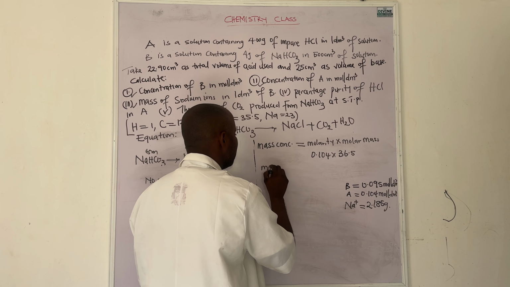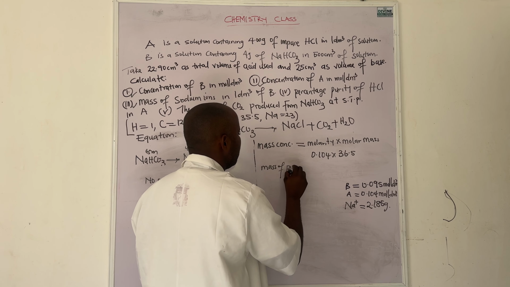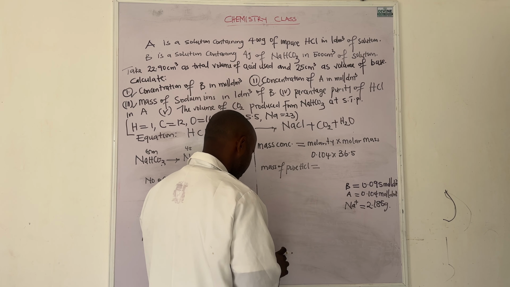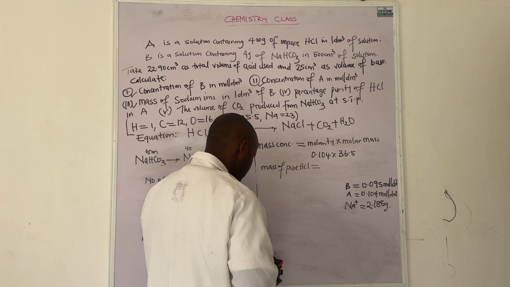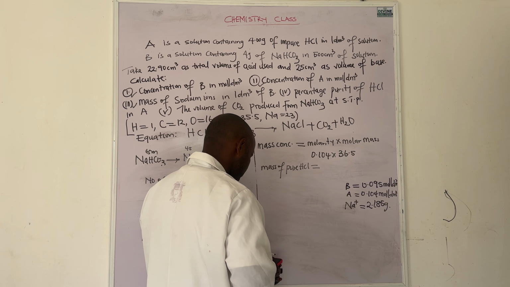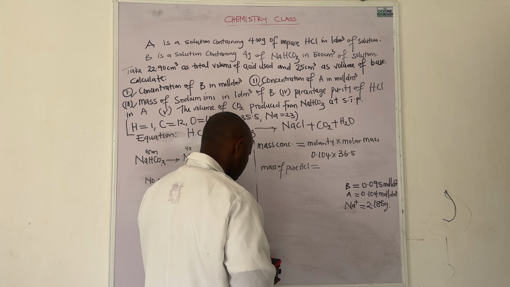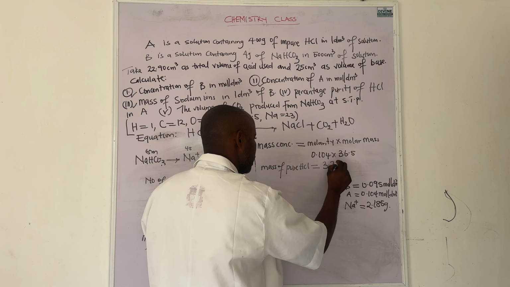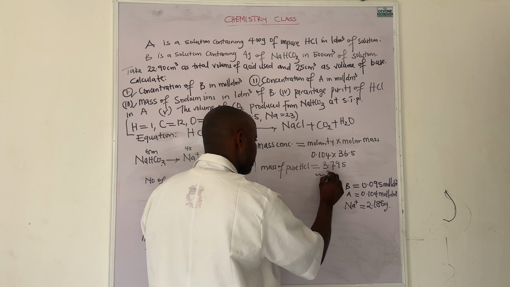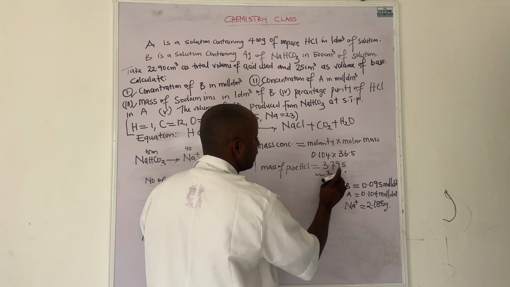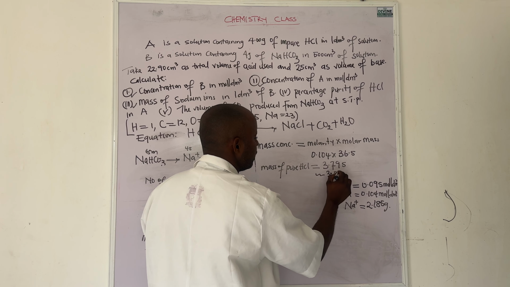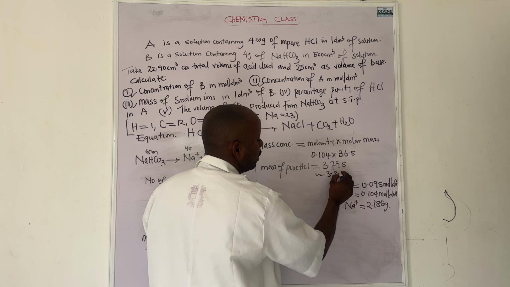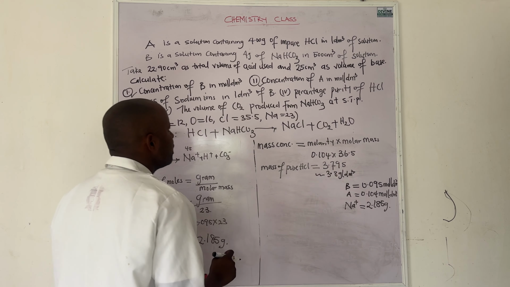So the mass of pure HCl is 0.104 times 36.5, which is 3.796, approximately 3.8 gram per dm cube, since it is dissolved in dm cube.